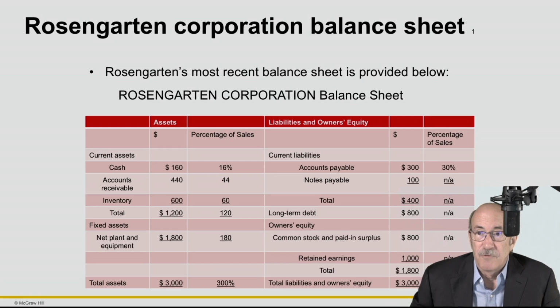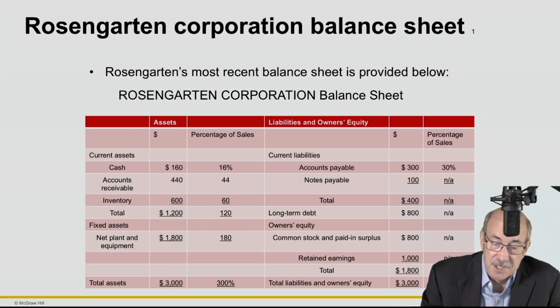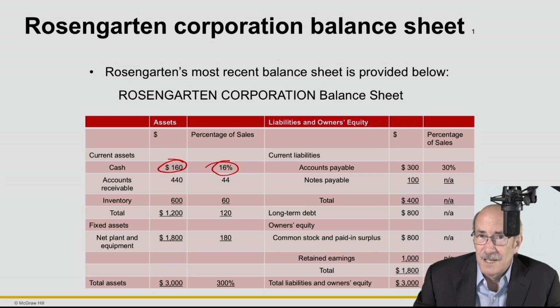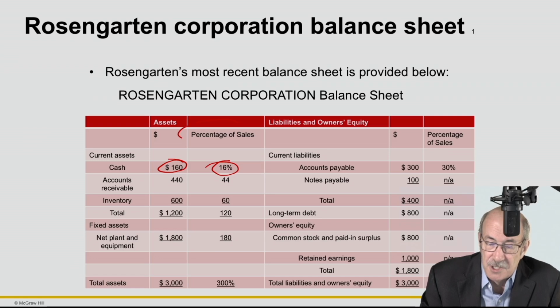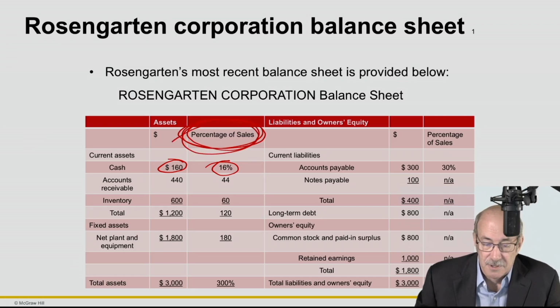Now, let's jump over to the balance sheet. On the balance sheet, we see that we currently have 160 in cash. That's 16% relative to sales. And remember, these percentages are relative to sales, not to total assets, but to sales.